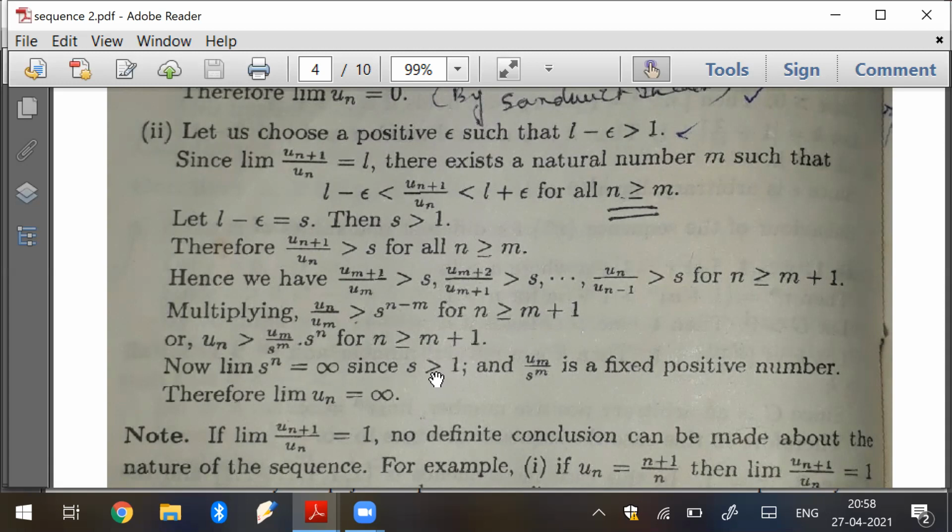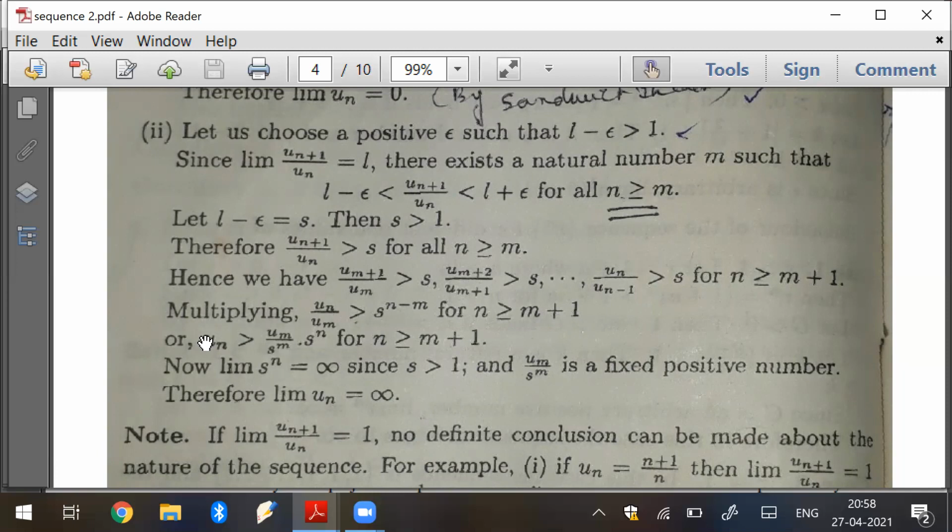So now you see this part is going towards infinity. This is a fixed positive constant, and the original sequence u_n is greater than this right hand side. On the right hand side you are going towards infinity, and u_n is greater than that quantity also. So obviously the u_n sequence is diverging towards plus infinity.